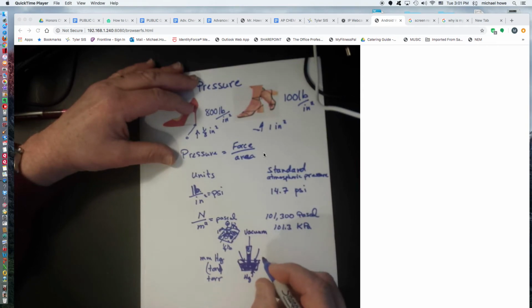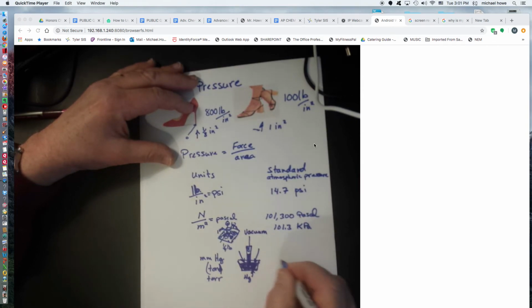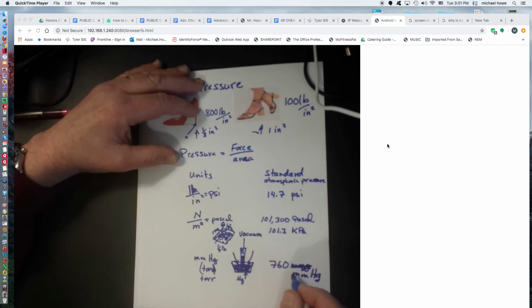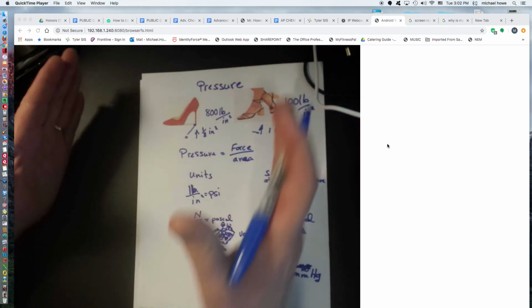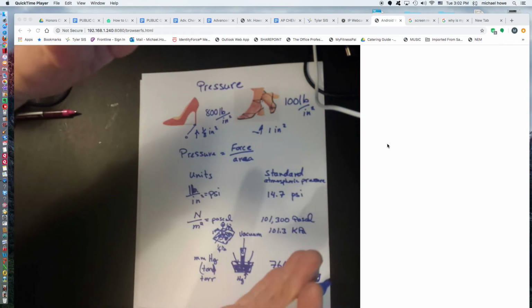Well, normally, our normal atmosphere will push that column of mercury up 760 millimeters of mercury. And 760 millimeters is 76 centimeters, so visualize a meter stick.